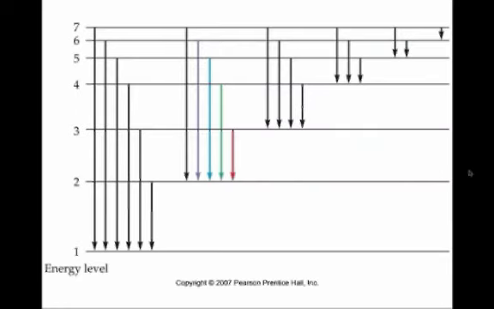The energy to drop from level 3 to level 2 is less than the energy to drop from level 3 to level 1. And the energy difference between each level is unique also. 3 to 2 is different from 2 to 1. This accounts for the line spectra observed by Bohr, and you.